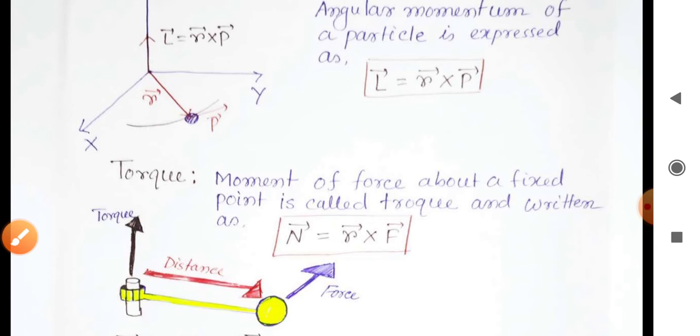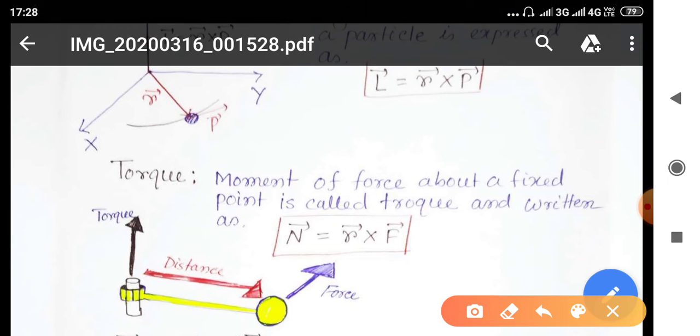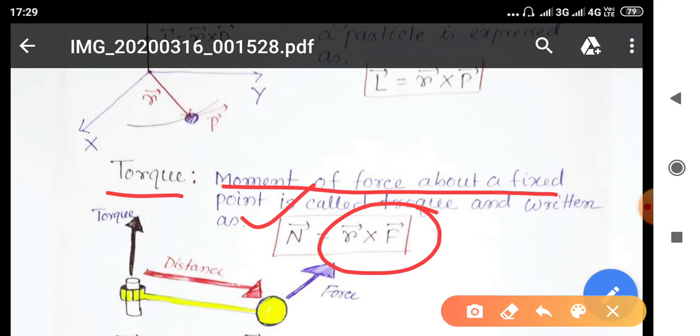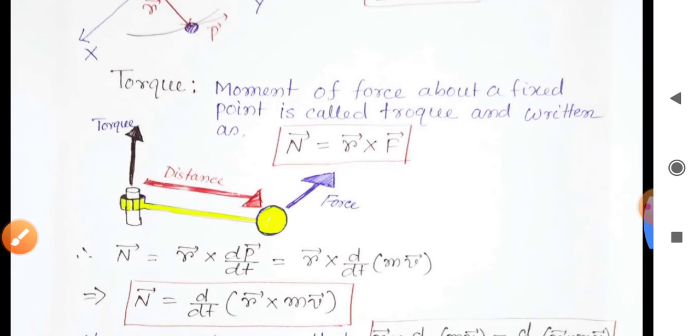There is another important definition, which is the torque. As we know, the torque is nothing but the moment of force about a fixed point, and it is defined as the n vector, which is the cross product between the position vector and the force. We can easily understand the torque through this diagram.